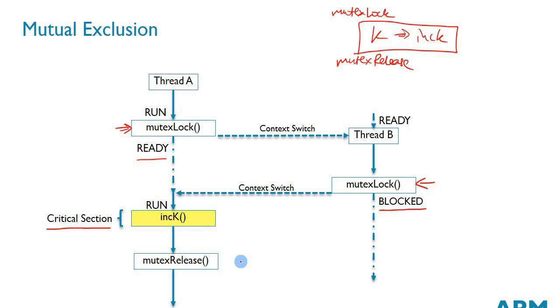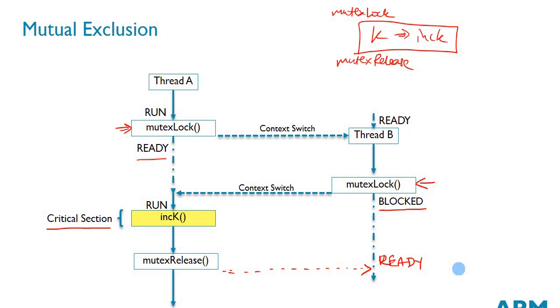When it releases the resource, the OS will come in to unblock. It will unblock task B and switch it to ready mode. So when the mutex is released, thread B will transition from block state to ready state.